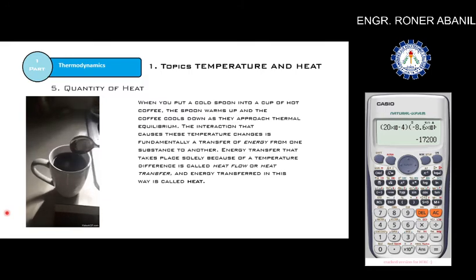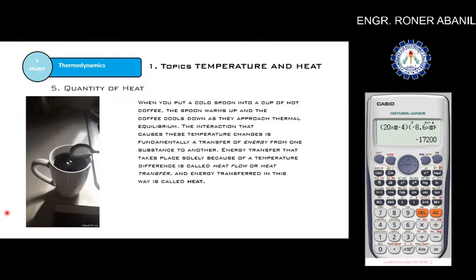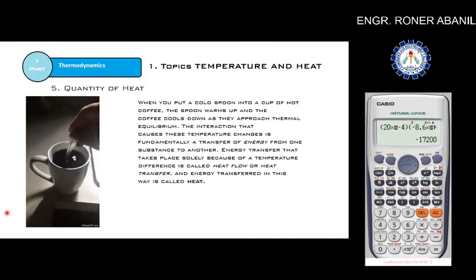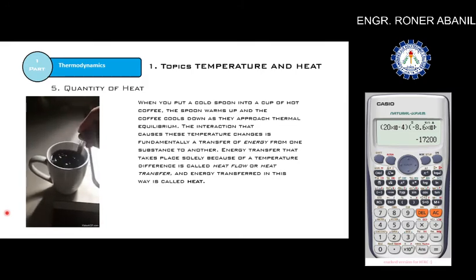So, the interaction that causes the temperature changes is fundamentally a transfer of energy from one substance to another. Okay? So, yung interaction daw na yun is nagkakaroon ng changes ng temperature or yung tinatawag nating transfer of energy from one substance to the other. So, the energy transfer that takes place solely because of temperature difference is called heat flow or heat transfer.